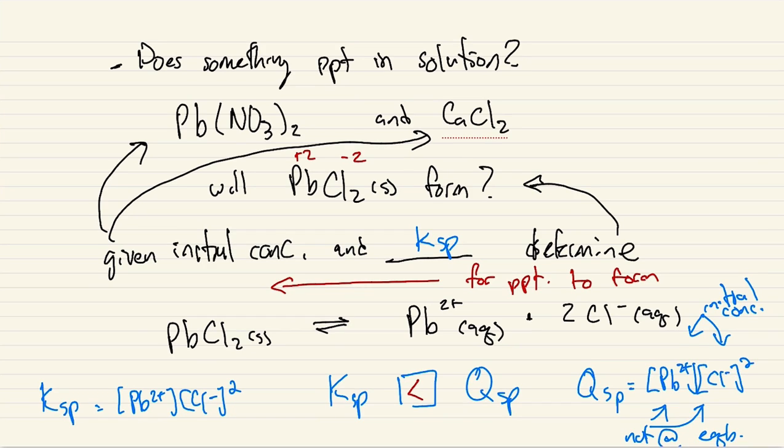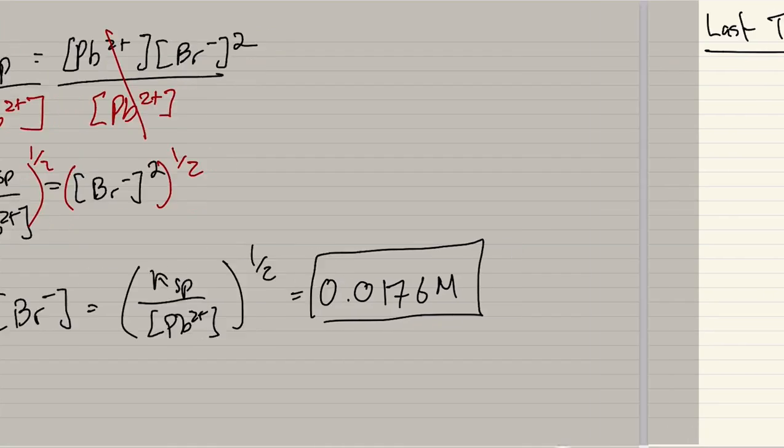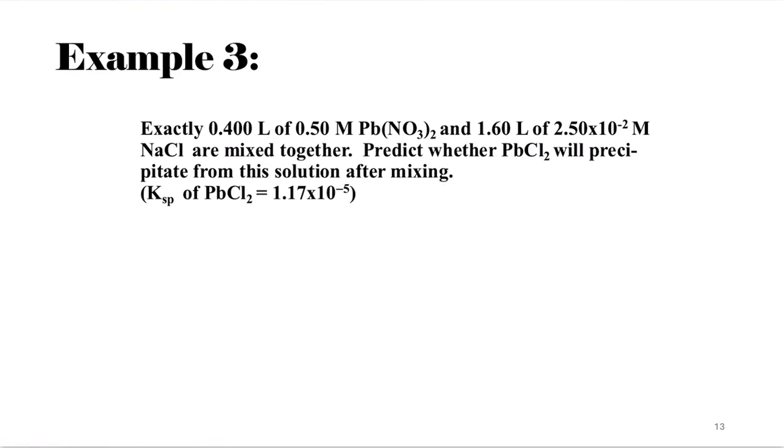Okay, so let's go to an example of this. Why don't you guys spend some time and see if you can figure this out. We have 0.4 liters of 0.5 molar lead nitrate and 1.6 liters of 2.5 times 10 to the minus 2 molar sodium chloride. This is exactly the problem that we were just looking at.